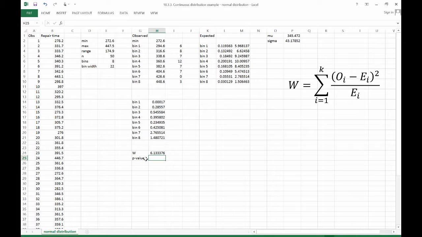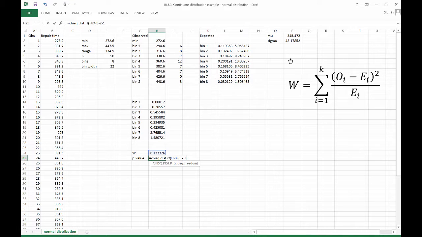Chi-square dist.rt. Okay, the value on the axis and the degrees of freedom. Degrees of freedom here are going to be 8 minus the number of parameters in the distribution, 2, minus 1.